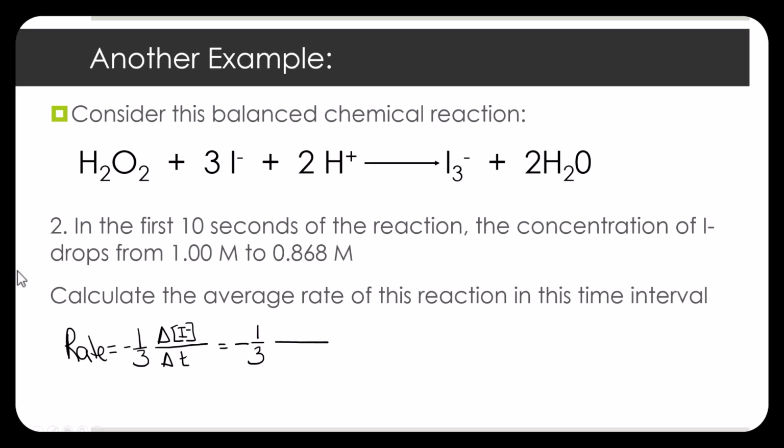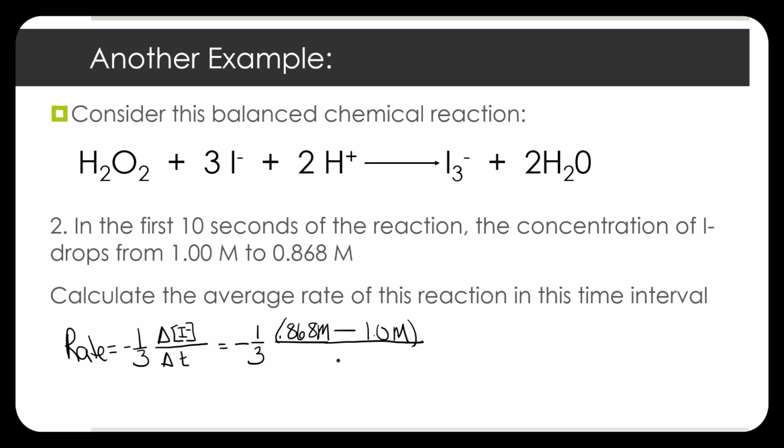The concentration of iodine drops from 1 to 0.868. So the final concentration, what it ends up at, is the 0.868, minus the initial concentration. Since it drops from 1, that's how I know that's the original. So 1.0 molar.